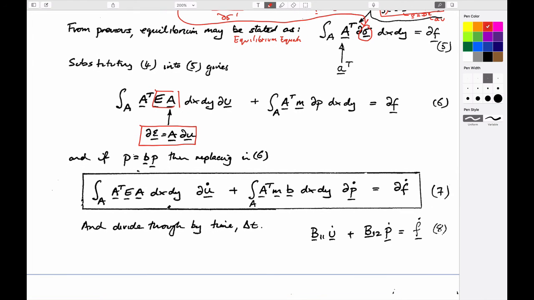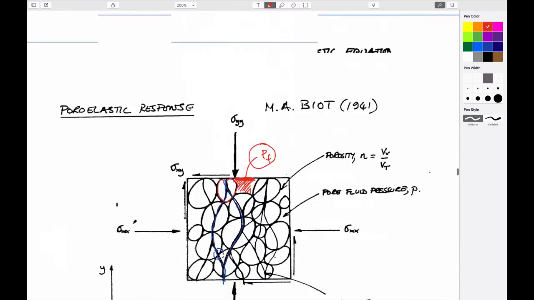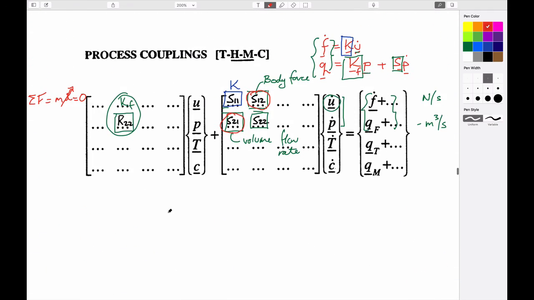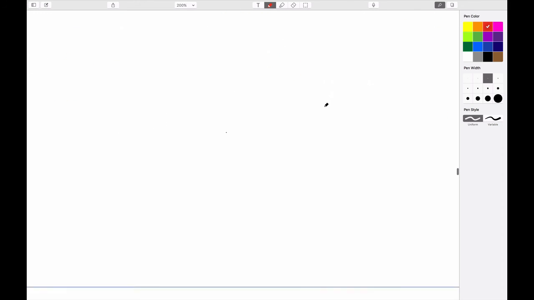If you look at what the individual terms are, this looks hopefully similar to something that we've seen before. This is our stiffness matrix, what we called before uppercase K, underbar. And so it would be this term here, operates on displacements.